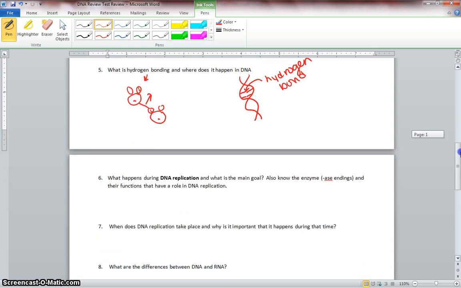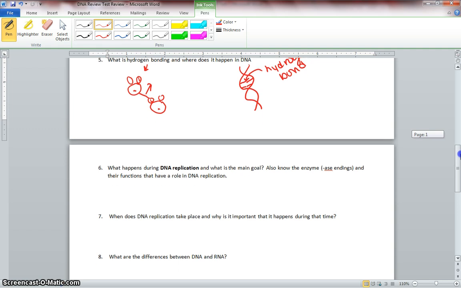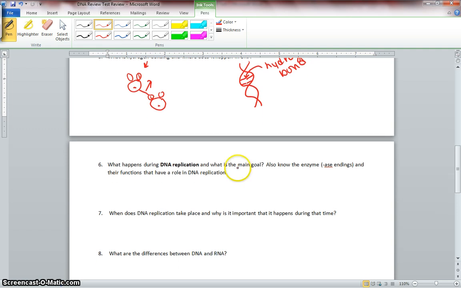Next part. What happens during DNA replication? What is the main goal? The main goal of DNA replication is to get a second strand that is identical. That is our main goal. Also, know the enzymes, the ase endings, and their functions that play a role in DNA replication. So we have two of them.